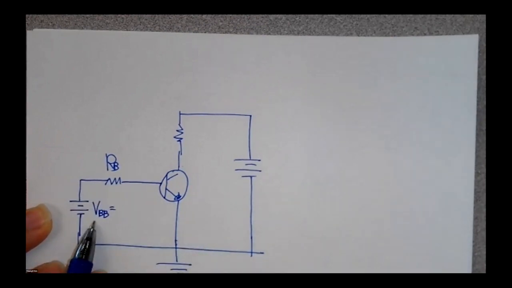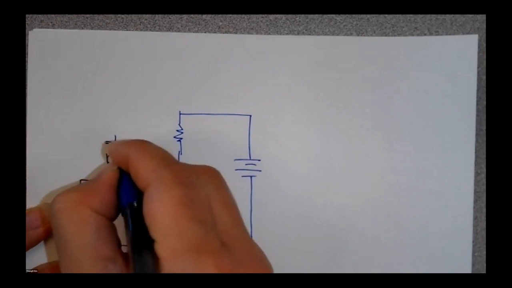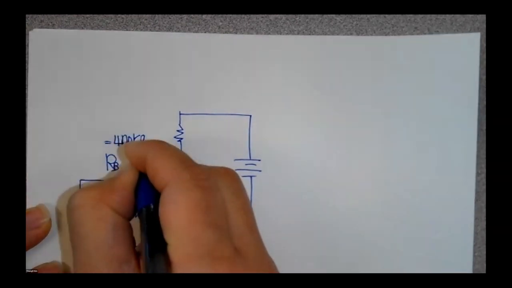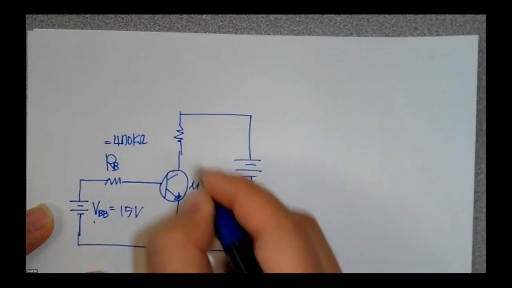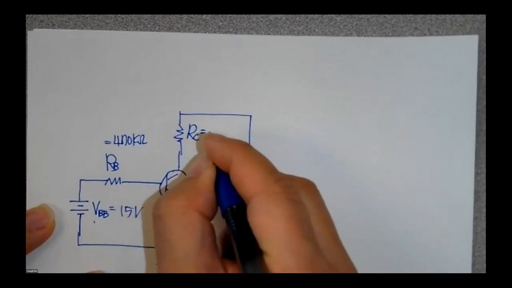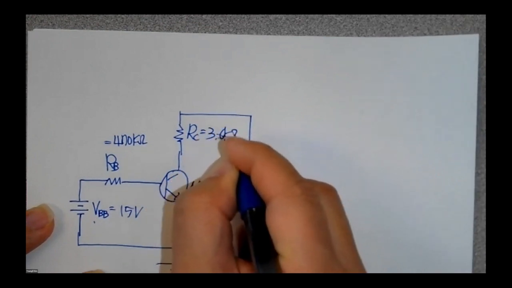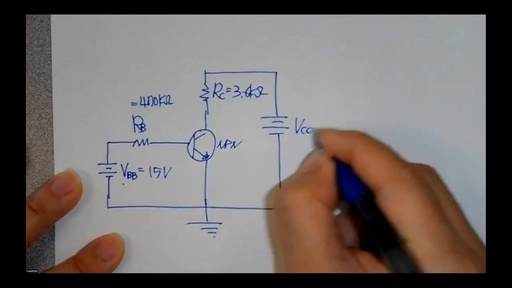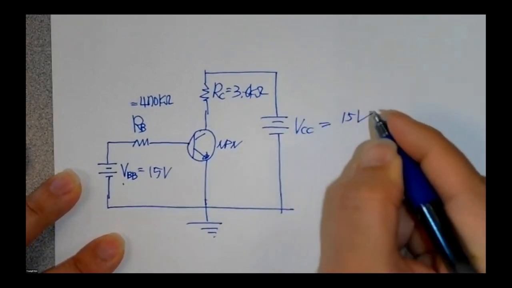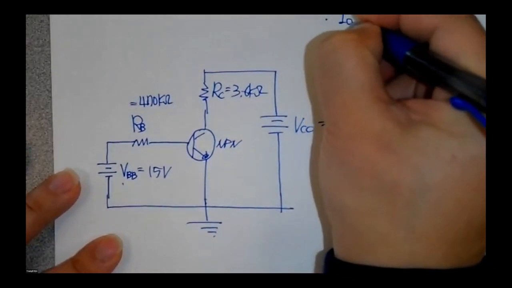This is the base power supply voltage, 15 volt, and that is for 470 k ohm here. And there's the NPN transistor. R sub C is 3.6 k ohm here, and V sub CC is 15 volt.